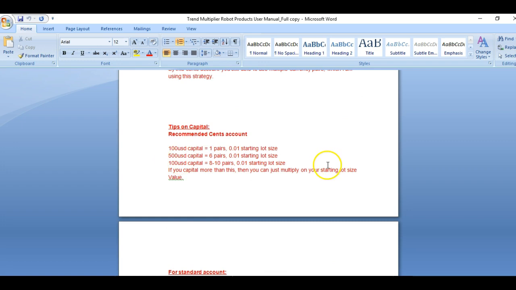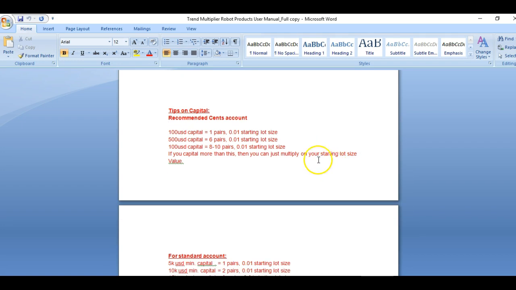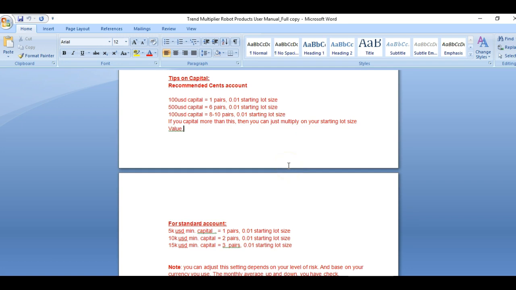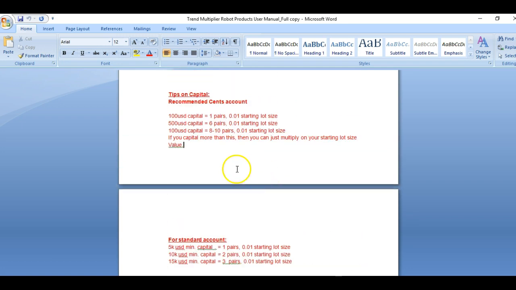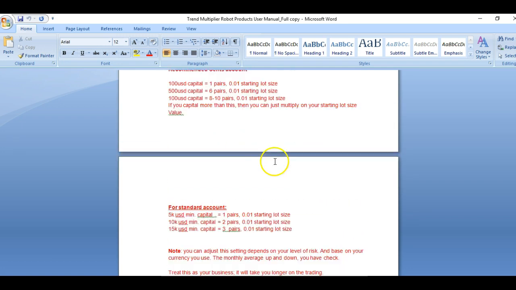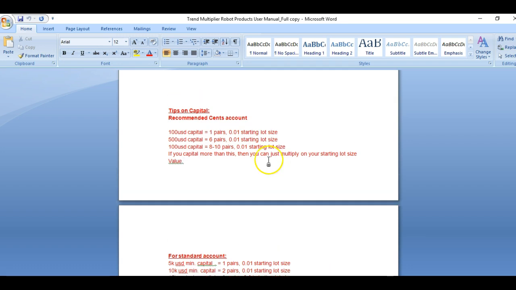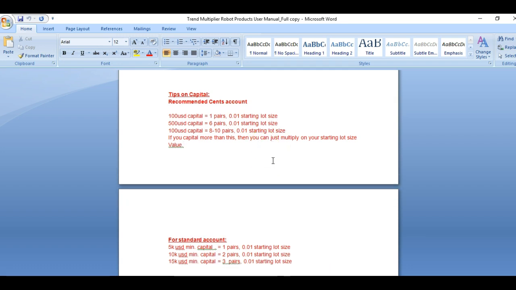Make sure to use the recommended cents account if your capital is below 5,000. So if your capital is lesser, make sure to use a cents account. All right.